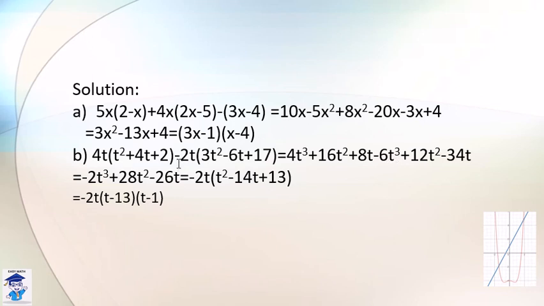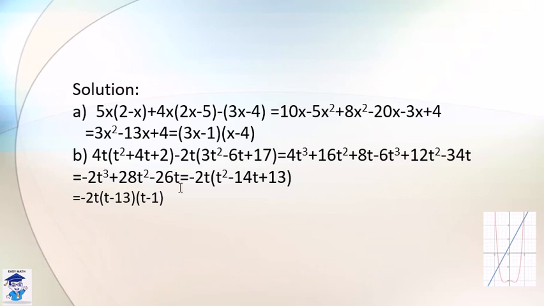Next, negative 2t times negative 6t is 12t squared. Last one, negative 2t times positive 17 is negative 34t. So simplified, you can get the answer negative 2t cubic plus 28t squared minus 26t.